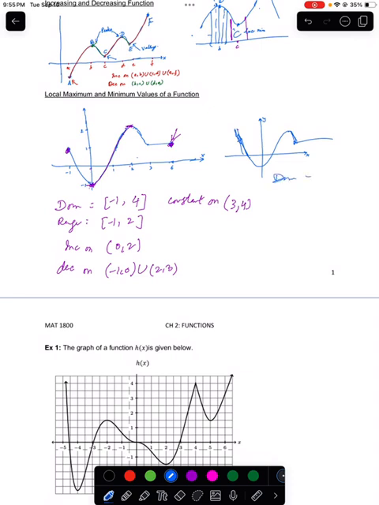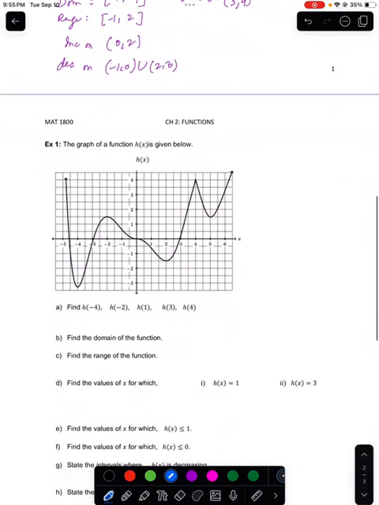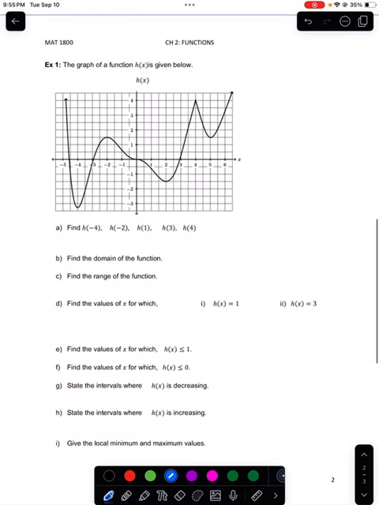Looking at the next example, the graph of a function h of x is given below, and we have to work out these problems. Find h of -4. So h of -4 will be equal to, I think I will write it over here, it's more clear. H of -4. So we have -4 over here. So the graph is down below.